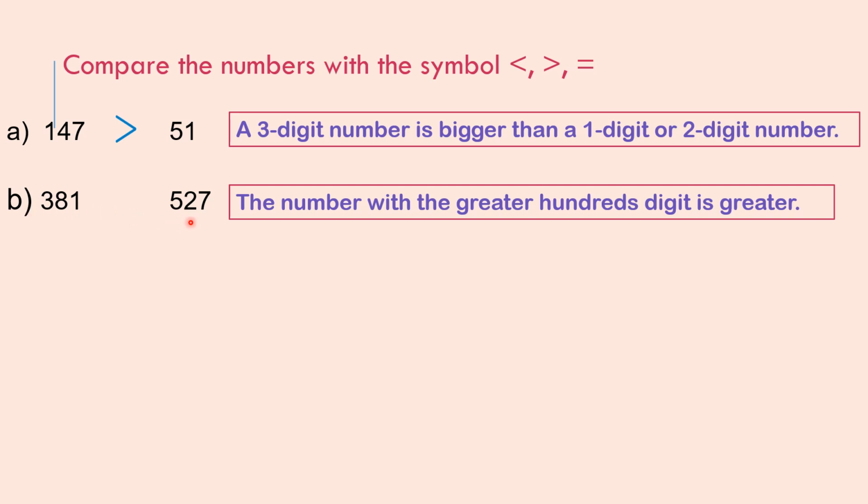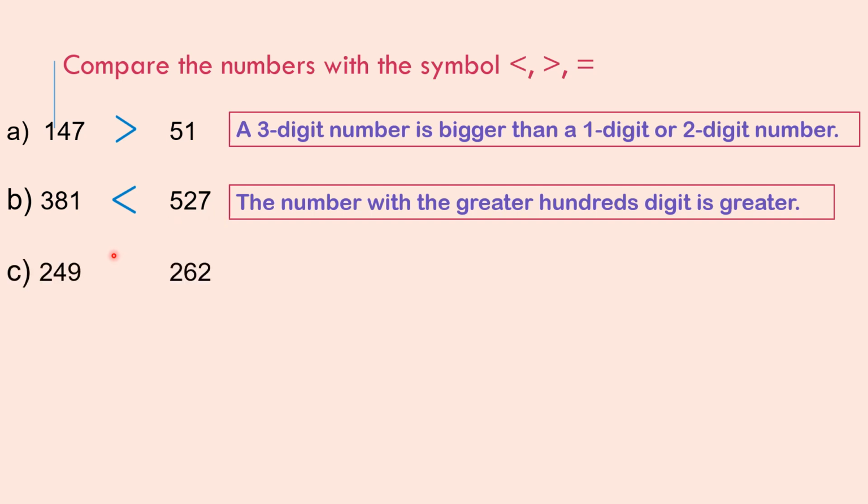In both of them, 5 is greater. So we use the symbol: 381 is lesser than, because as 5 is greater, 527 will be greater. So 381 is lesser than 527.